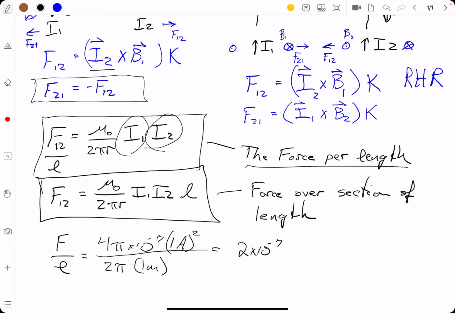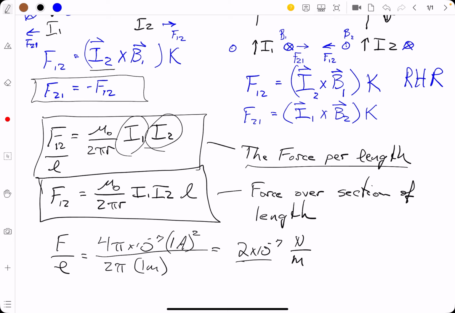This is the operational definition of 1 amp. So when you line 2 wires up together, 1 meter apart exactly, and you put 1 amp through them, the force that you'll have per length, newton per meter, is exactly 2 times 10 to the minus 7 newtons per meter.